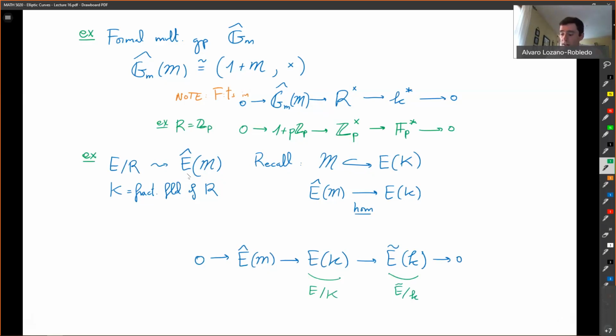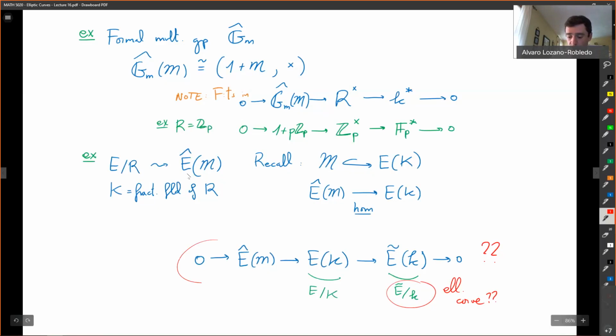But there is a problem here. There are 2 problems. First, this may not be an elliptic curve. It may not be smooth. And second, is this injective? Is it exact?